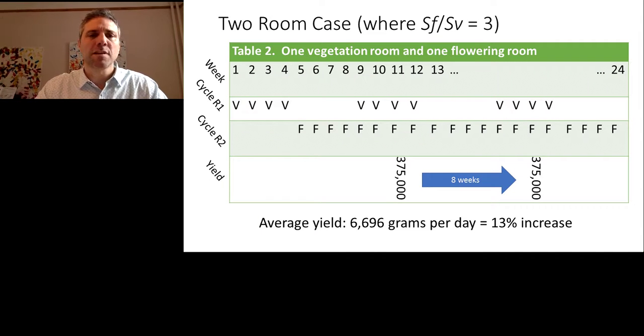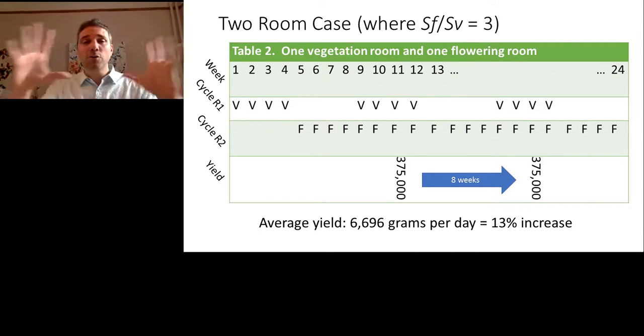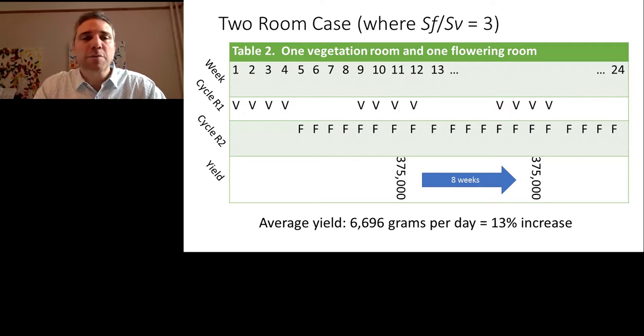Okay. So this is what that kind of room looks like using the same Excel spreadsheet or table. Again, the weeks are on the top, and this is the cycle in the first room. We see that in the first room, the first 4 weeks are used for vegging. Then we move those plants into a flowering room, and those flowers grow.